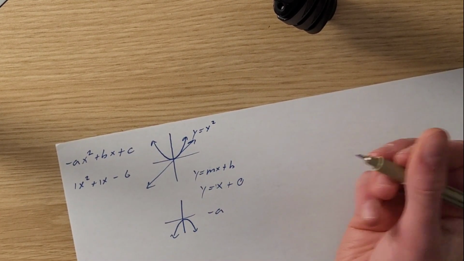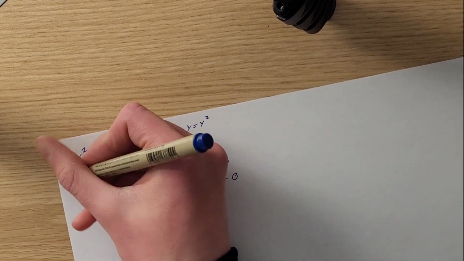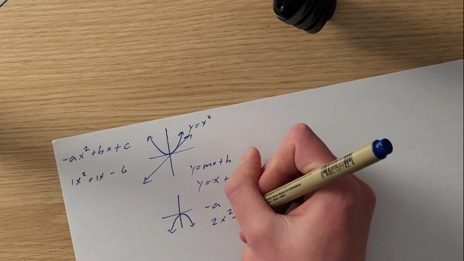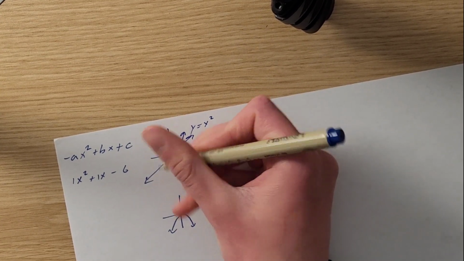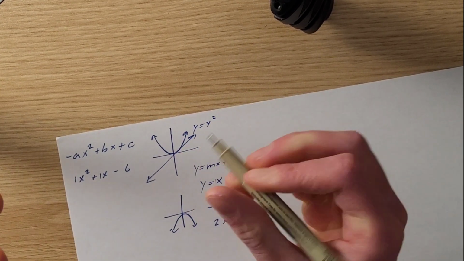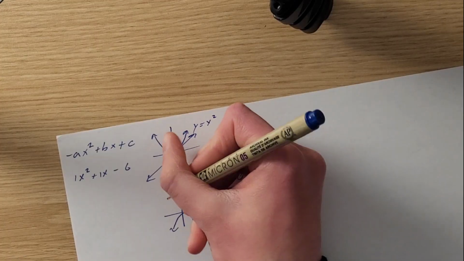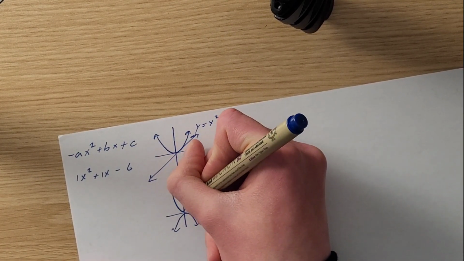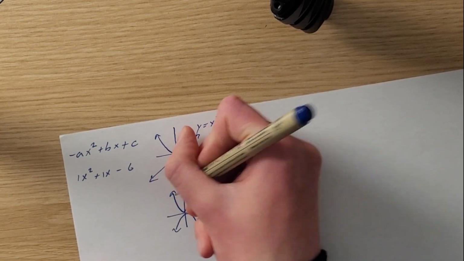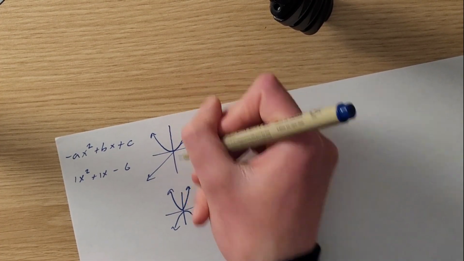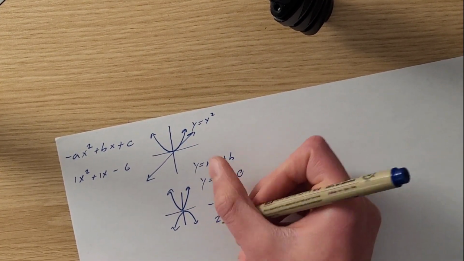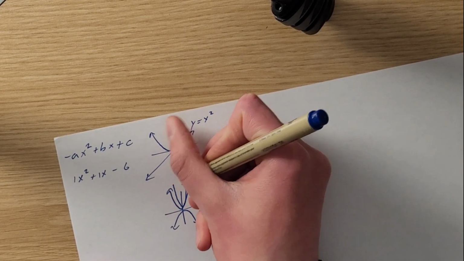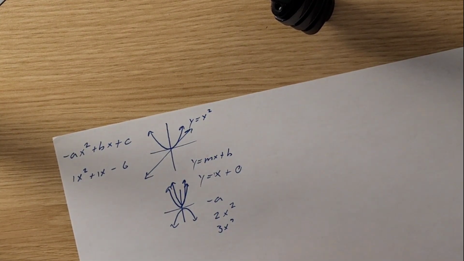And if a wasn't just 1, because in this case a is 1, but if it was 2 times x squared, then it's still going to look like a parabola, but it's going to be a vertically stretched parabola. So that 2 means it's being stretched. It's going to look extra skinny like that. You notice how that one's a little bit wider, that one's skinnier. And let's say it was 3x squared, it's going to be even skinnier. So that's what that's going to do right there.